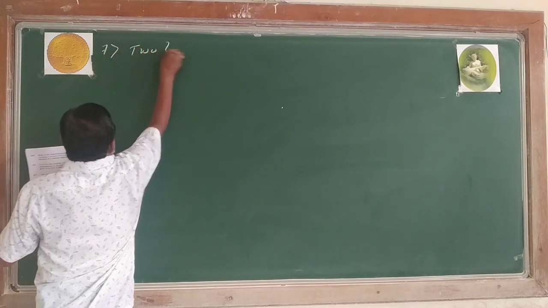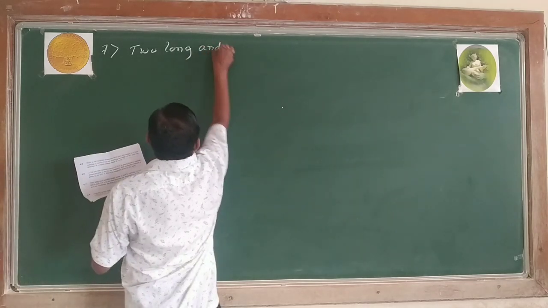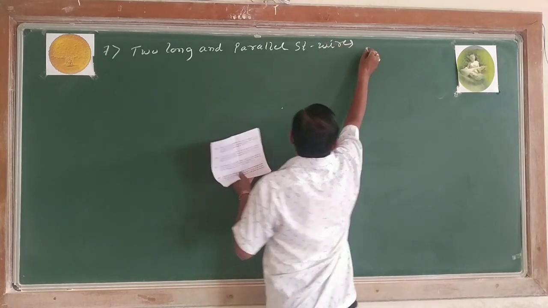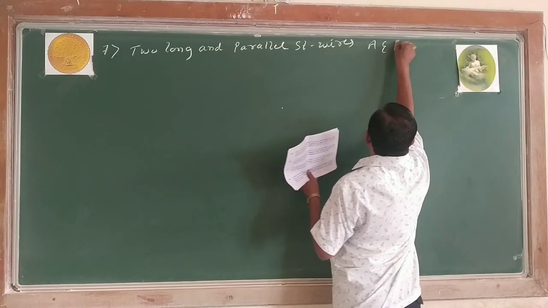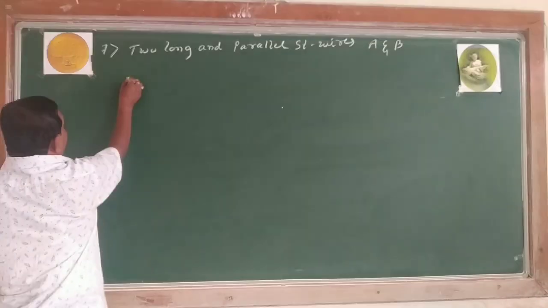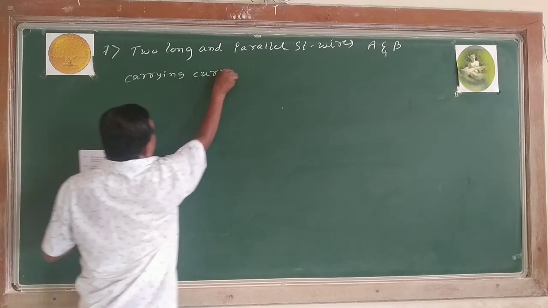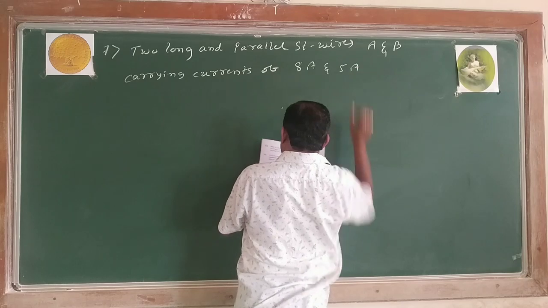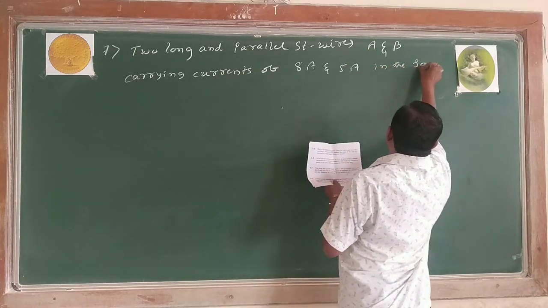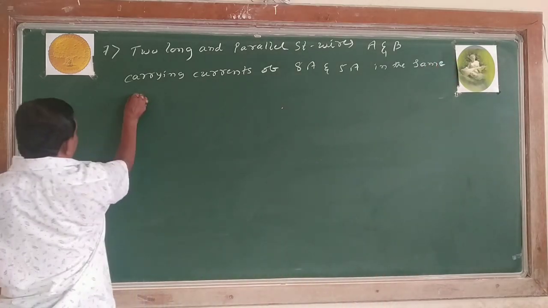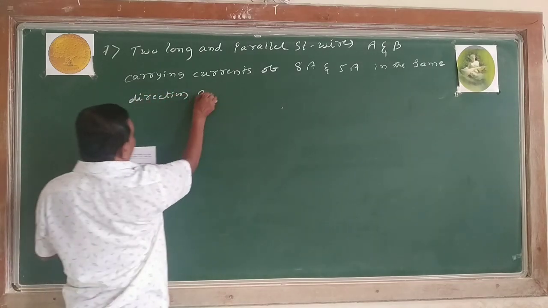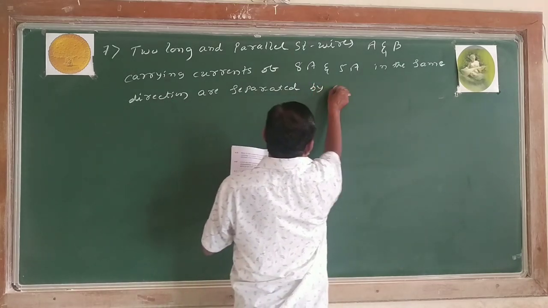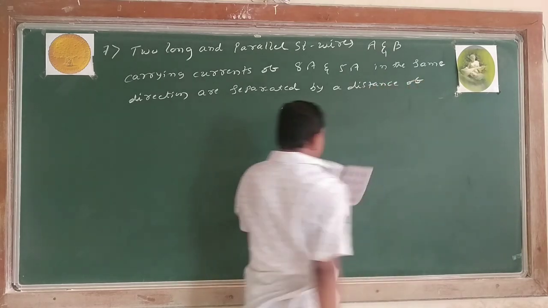Two long and parallel straight wires A and B carrying currents of 8 ampere and 5 ampere in the same direction are separated by a distance of 4 centimeter.